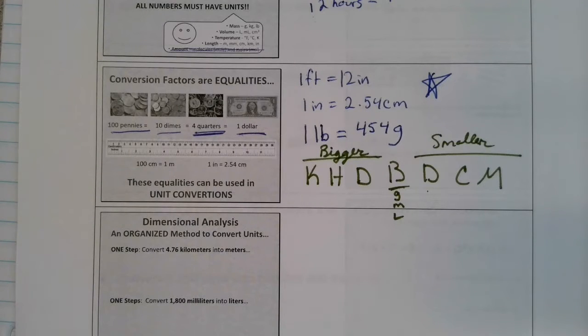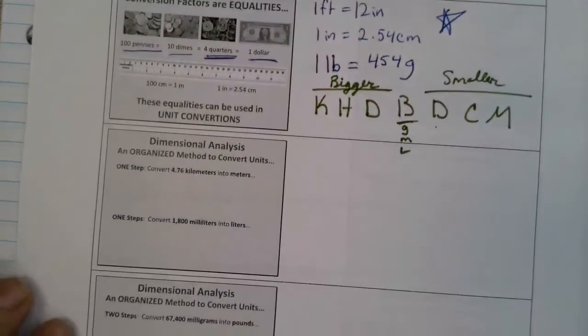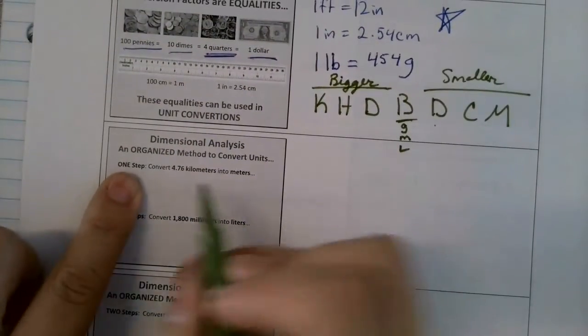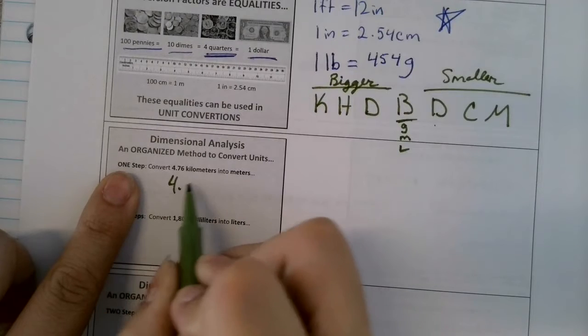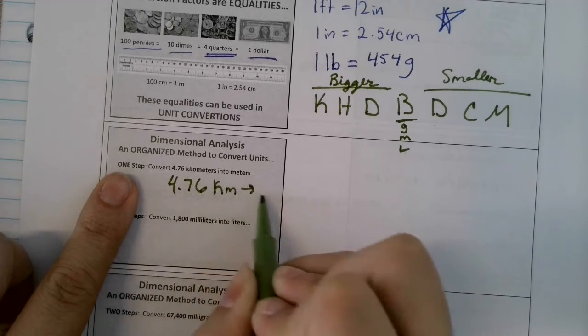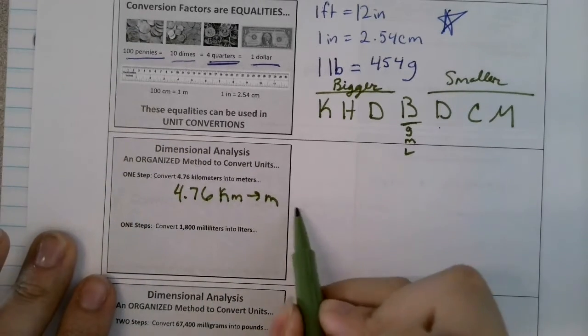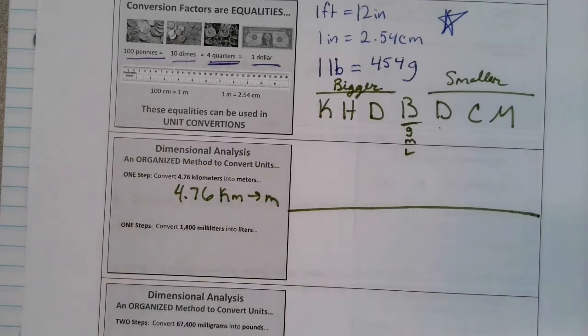So let's look at a really simple conversion. This is going to be on slide 3. We are going to convert 4.76 kilometers into meters. I'm going to split this one into 2.